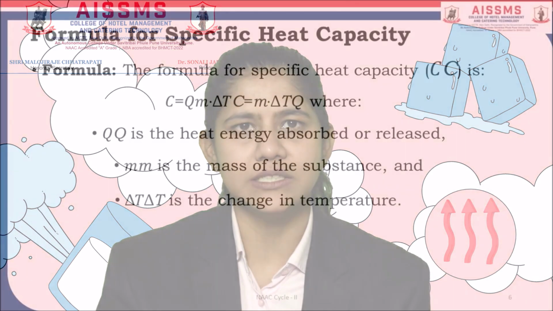In terms of climate regulation, bodies of water with their high specific heat capacity play a crucial role in moderating climate by absorbing and releasing heat energy slowly. Now, let's break down the formula for specific heat capacity.